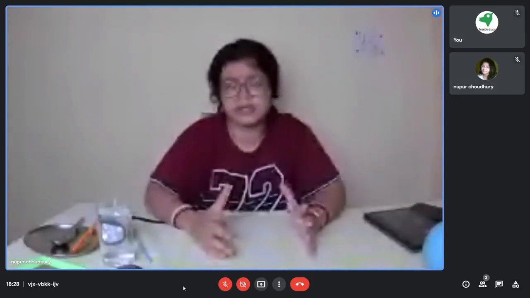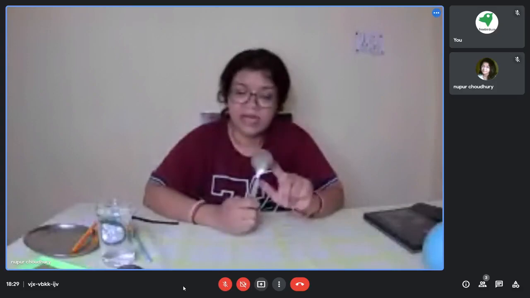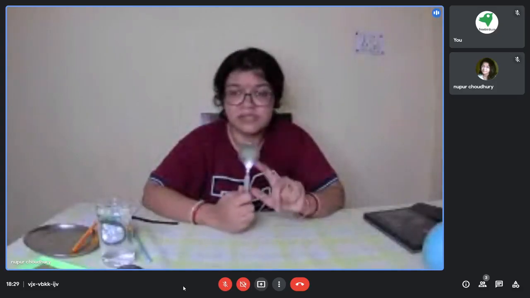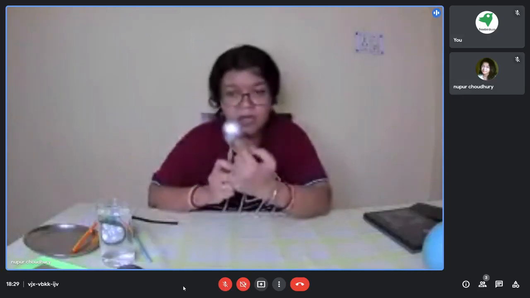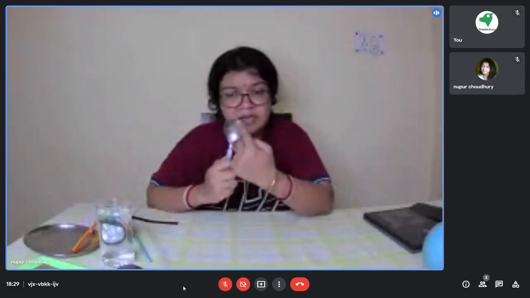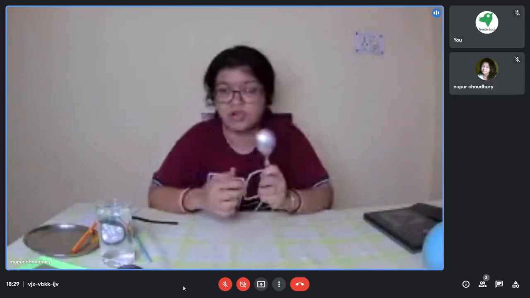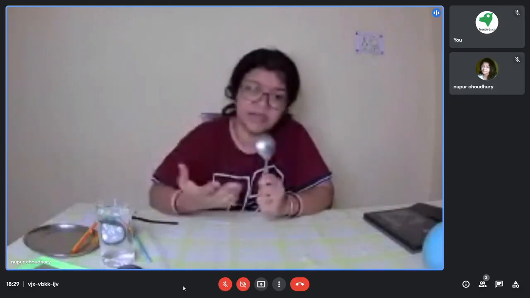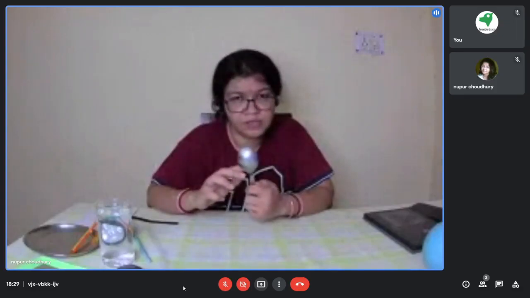There are a lot of interesting experiments as shown in this particular spoon. You try looking into this spoon and you will see that you will get a normal image when you are looking at the back side, and you will get an inverted image when you look into the inside of the spoon. So this has a very interesting concept, because mirrors can be classified into concave mirrors and convex mirrors.